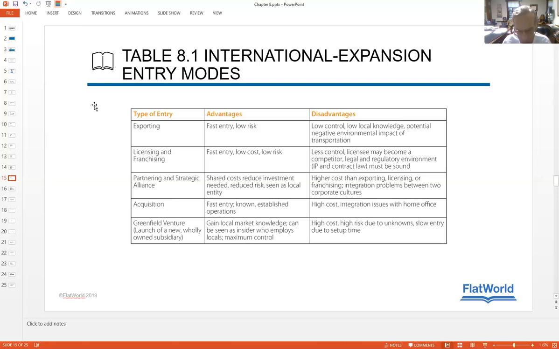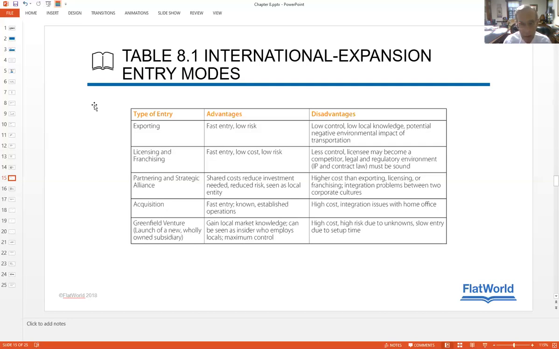And so you and your partner share in the cost of building a plant or otherwise developing the capability to produce that product and distribute it and advertise it and so forth. So you are incurring more cost, but you're getting more control. The problem is that you're still dependent upon that other party. But partnering and strategic alliances are very popular ways to move into other countries, and a lot of it goes on.